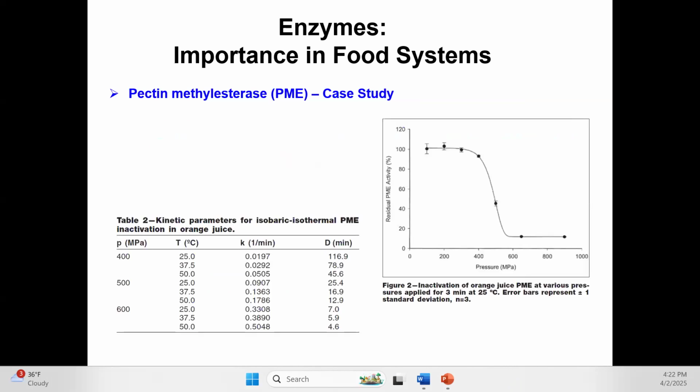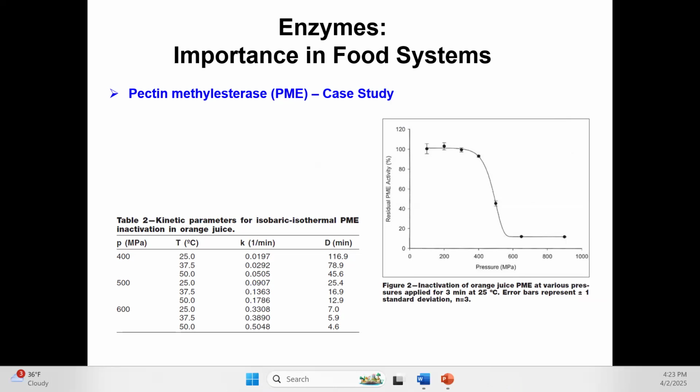In this case, they measure the reaction rate constant, and they measure the D value. In this case, it is the time needed to have a 90% reduction in the activity of the reaction. Okay, so here they looked at the different temperatures and the different pressures.